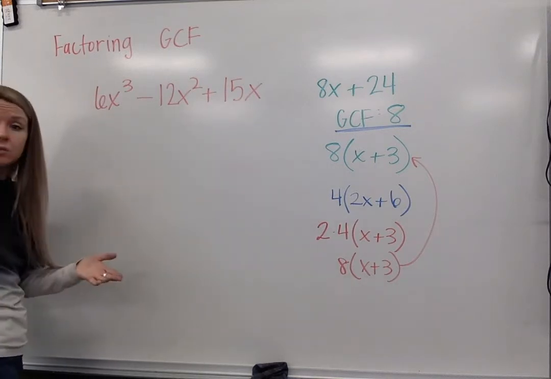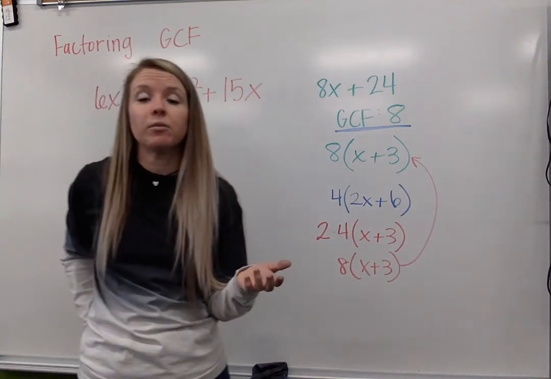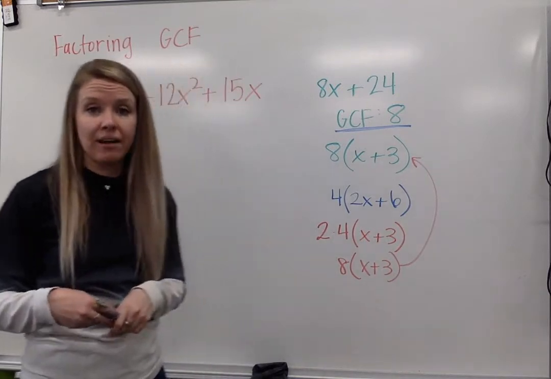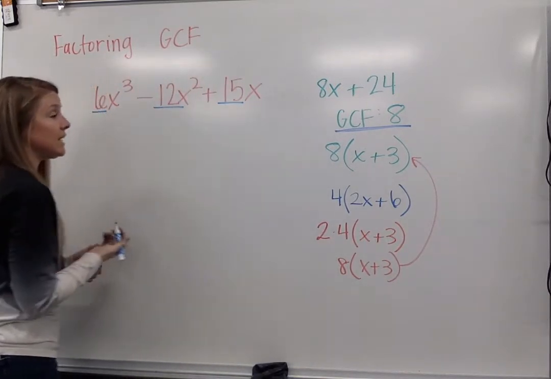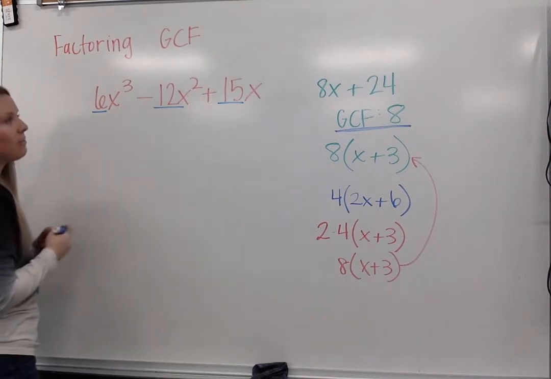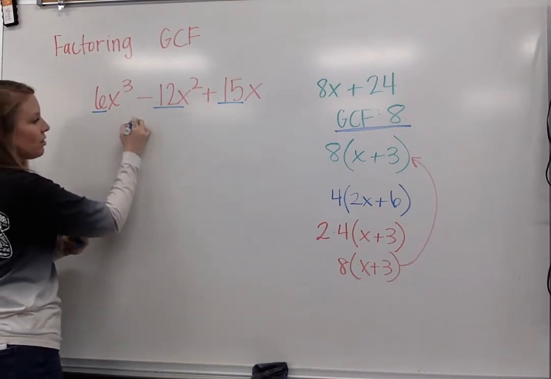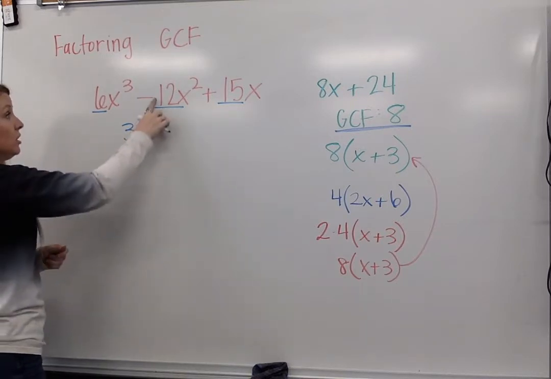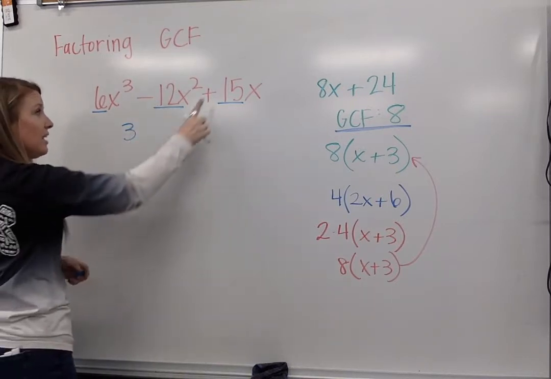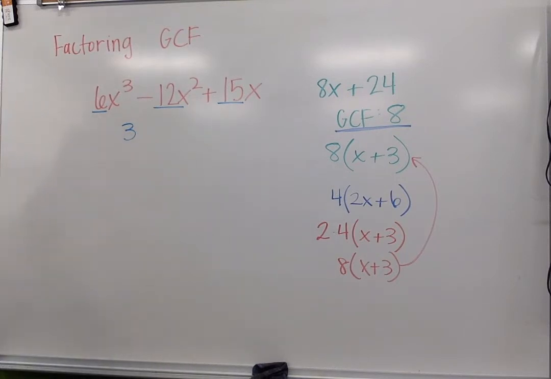So what we're going to do is we're still going to look at the coefficients and find what they have in common. What's their GCF? So 6, 12, and 15, their greatest common factor is 3. 6 is divisible by 3, 12 is divisible by 3, and 15 is divisible by 3.